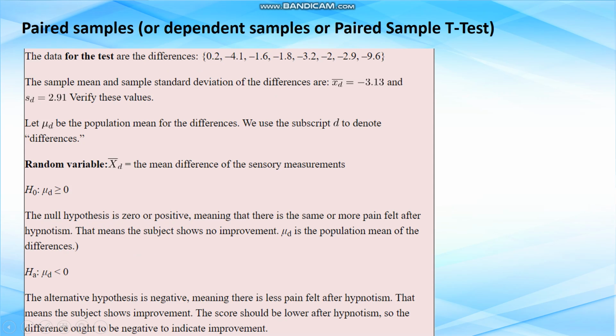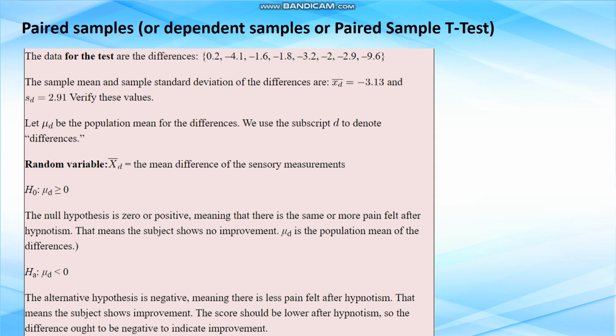It means that the subject shows no improvement because mu d is greater than 0 or mu d is equal to 0. There is the same or more pain felt after hypnotism. That means the subject shows no improvement.